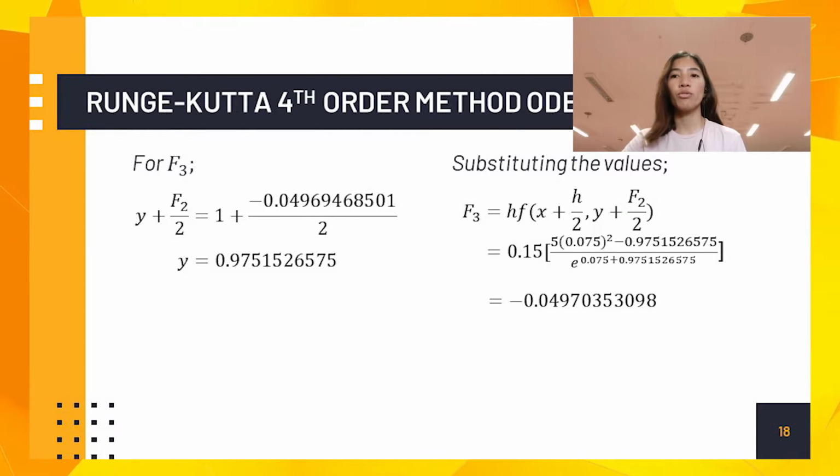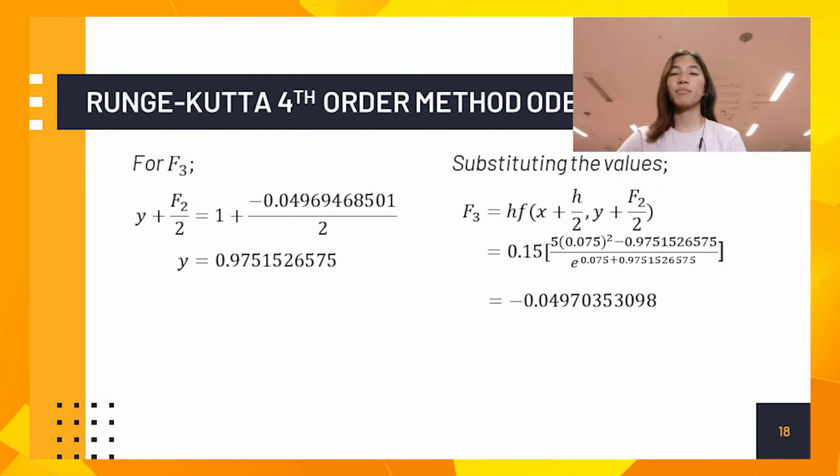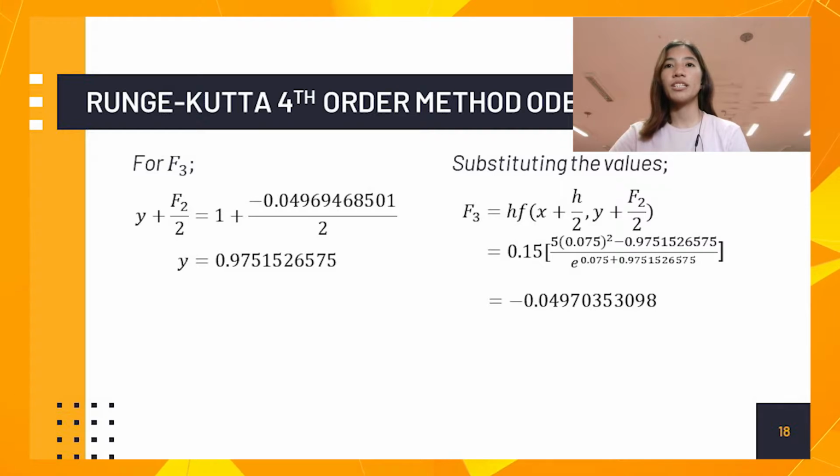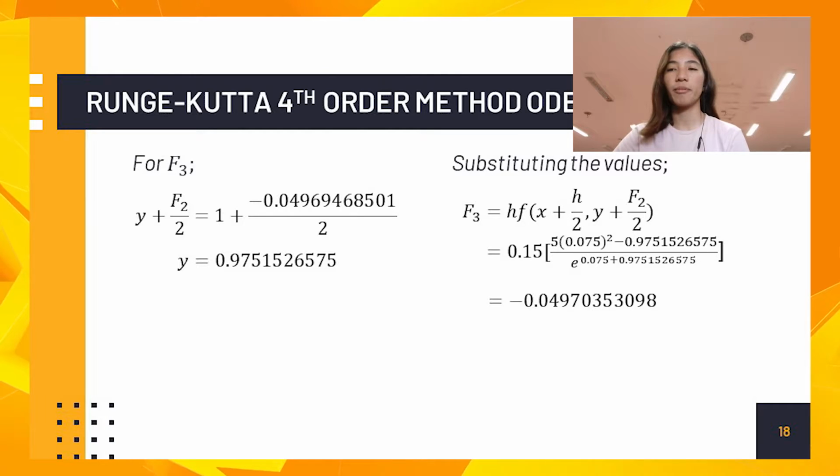Going on in solving f3, we need to solve for a new value of y using this formula: y plus f2 over 2, which yields 0.9751526575. After this, using f3 is equal to h times f of the quantity x plus h over 2, comma y plus f2 over 2, we then obtained negative 0.049703539098 as the value of f3.